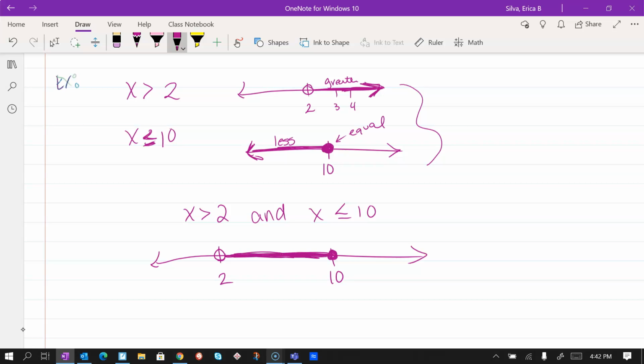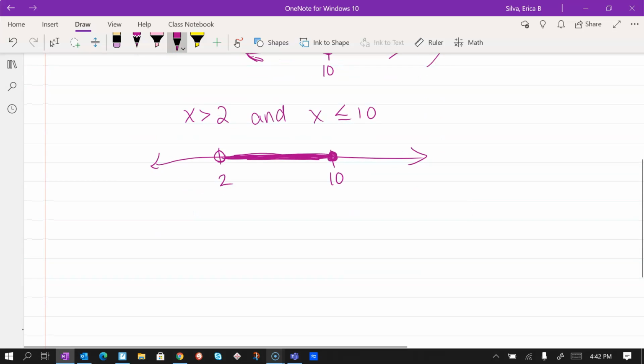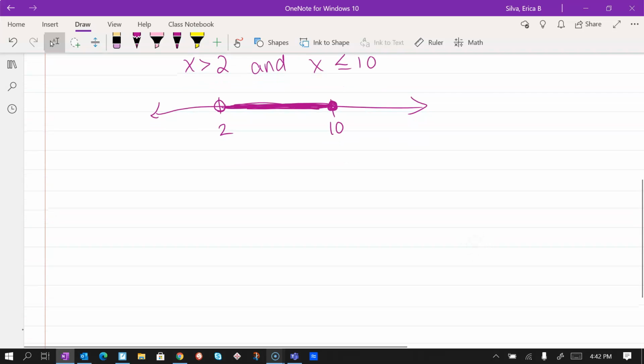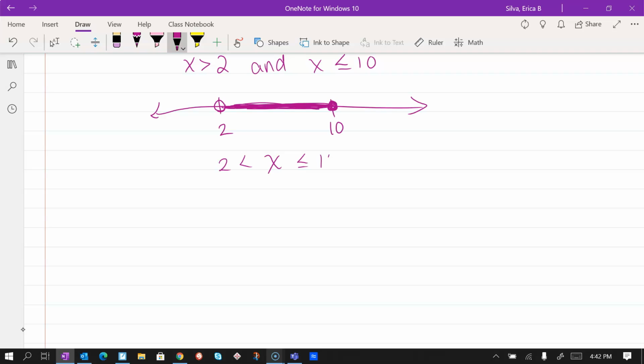So my solution set is everything in the shaded region and anything that is on that solid point or the closed point. So the way we write this inequality is we say x is anything greater than 2 but less than or equal to 10. And this is my inequality notation.